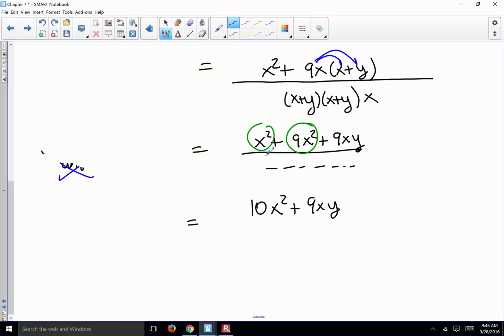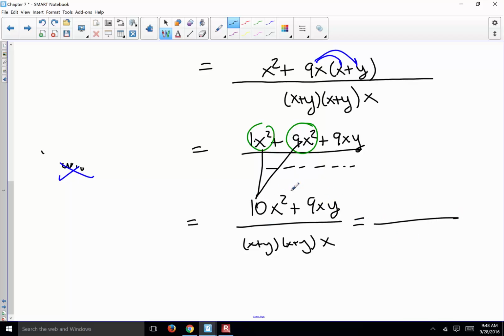Right? They make 10 of them. 9 plus 1 is 10. And the denominator, let me write it. Alright, I did all simplifications on the top possible. I combined like terms. I ran out of bullets. This is the last thing I'm gonna do.